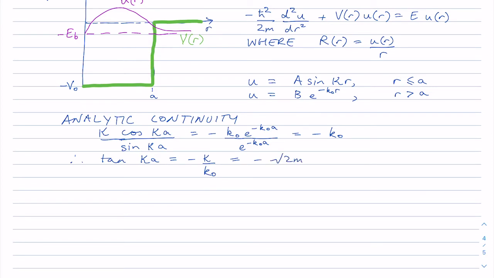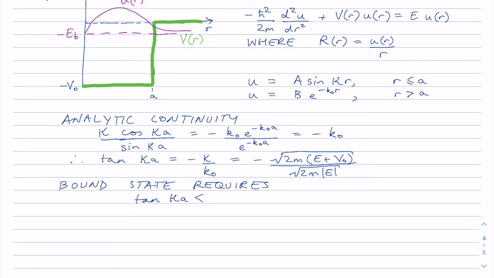And kappa here is square root 2m of E plus V naught, where E is the bound state energy, and K naught is square root of 2m absolute value of E. So to have a bound state, we require that tan of kappa A is less than 0 from this requirement, and so that means that we need to have kappa A greater than around pi over 2.